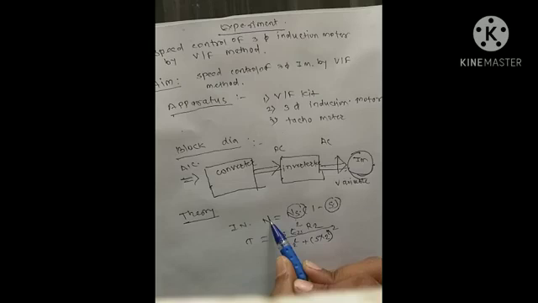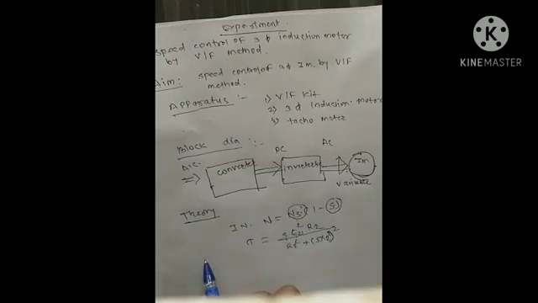The speed of the induction motor can be controlled by two methods. Method 1 from the stator side and method 2 from the rotor side. First of all we consider the stator side. Number 1, supply frequency control by controlling Ns.